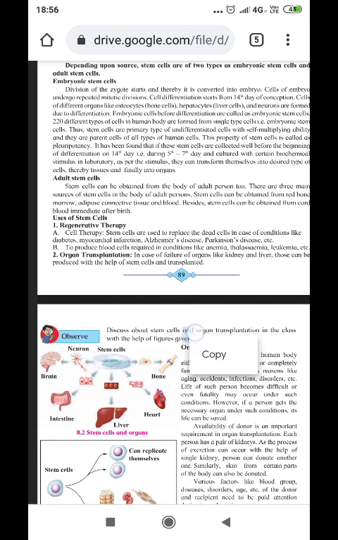Thus, stem cells are a primary type of undifferentiated cells with self-multiplying ability, and they are the parent cells of all types of human cells. This property of stem cells is called pluripotency.